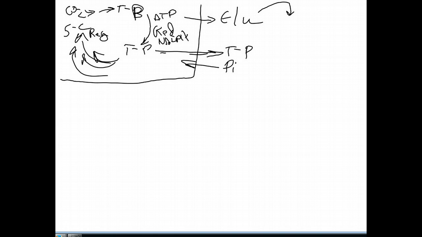Glucose is going to be phosphorylated. Where did the glucose come from? The chloroplast. Inside the chloroplast, glucose can be synthesized from three-carbon compounds. The actual production of glucose in the chloroplast is a fairly new finding.